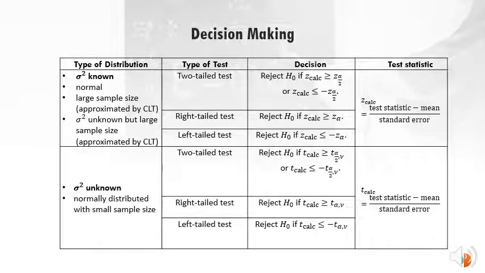Decision making is a crucial stage in hypothesis testing. We have to determine the type of distribution, the type of test that we want to use, the decision that we're going to make, and also the test statistic that we want to use.